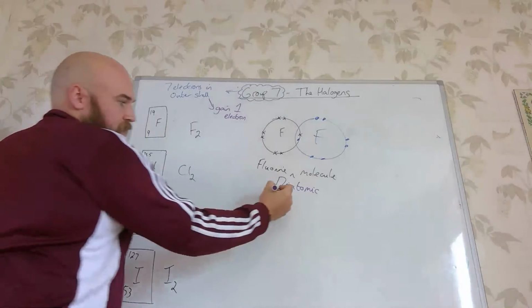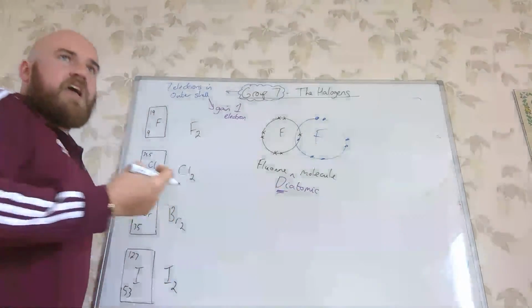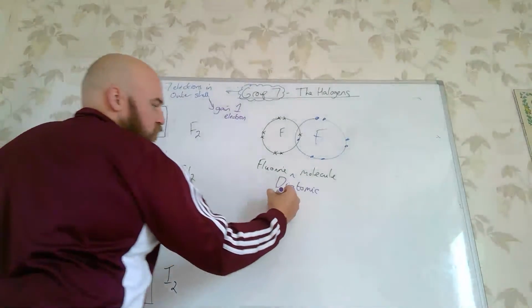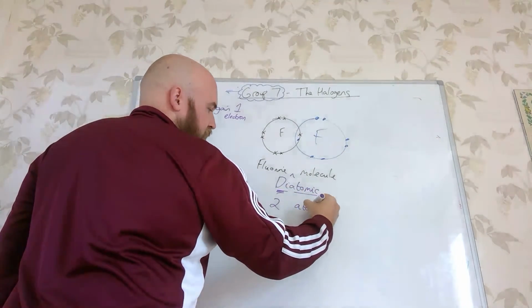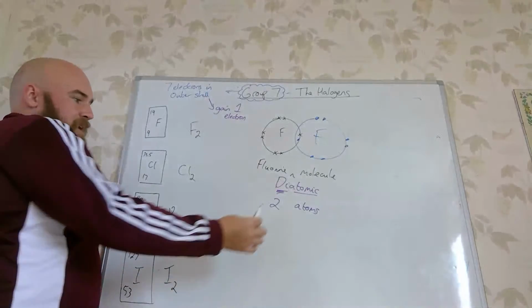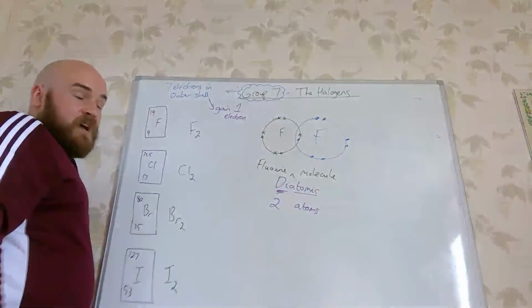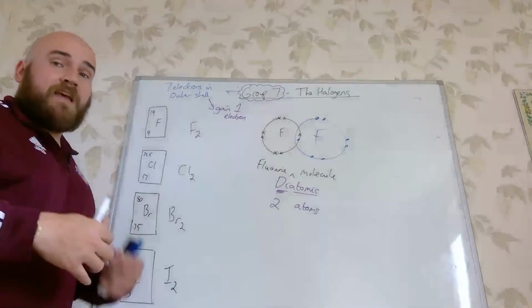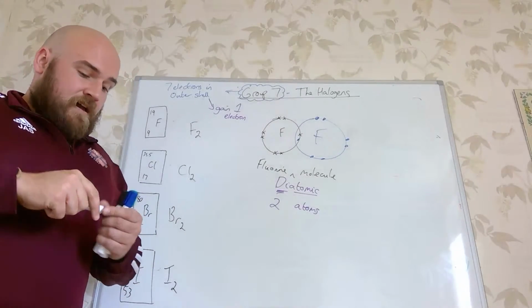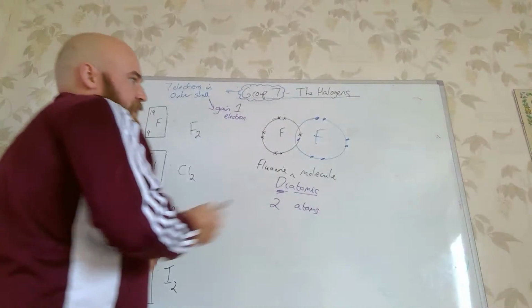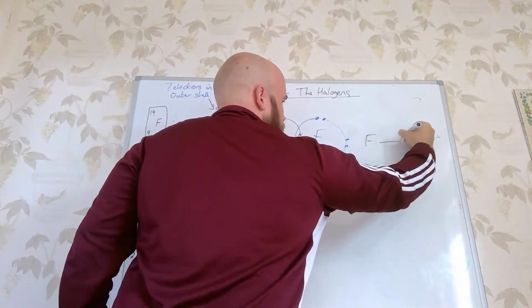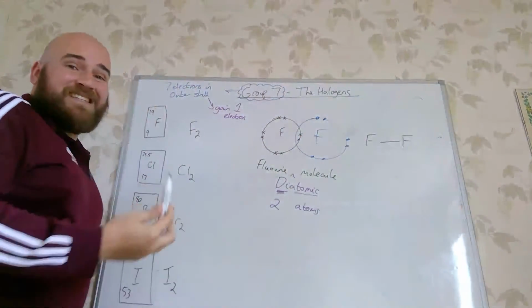So what does that actually mean? Well, di, like dialogue or dissect, means 2. And atomic means atoms. So these are basically 2 atom molecules, and a molecule is just something that's got a covalent bond within it. Rather than having to draw this out all the time, the shorthand way of doing it is using a stick diagram.